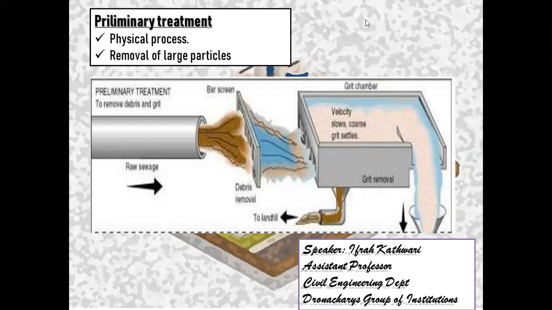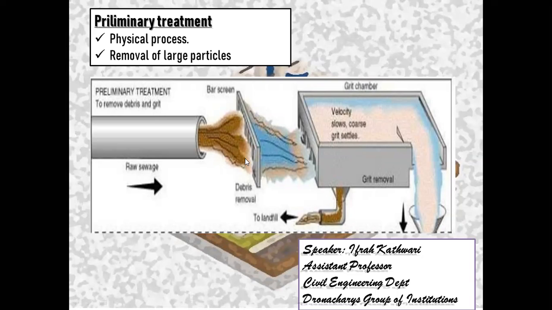As you can see in this picture, we have the preliminary treatment going on, wherein the raw sewage is coming in, and we have bar screens placed just before the grit chamber. The coarse or large size particles are removed with the help of this bar screen. Why is this important?